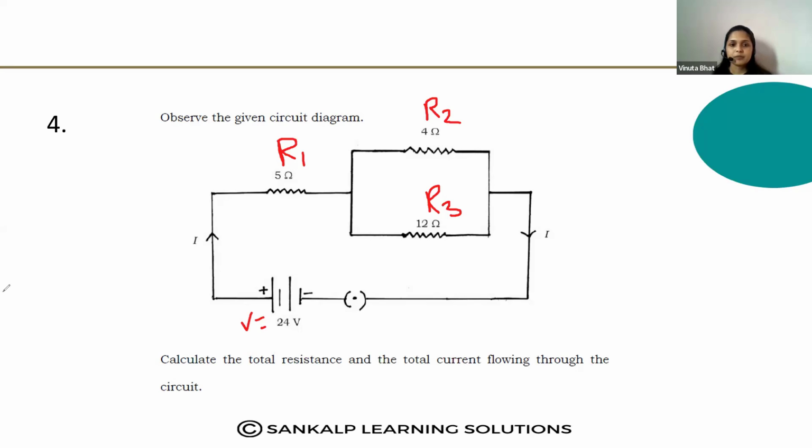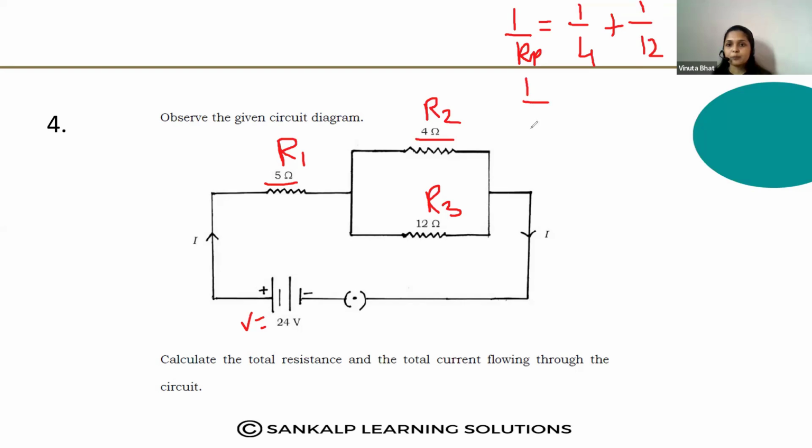Please write down R1 is equal to 5 ohm, R2 is equal to 4 ohm and R3 is equal to 12 ohm. So let us find out. If it is connected in parallel, what is the formula? 1 by Rp is equal to 1 by R2 plus 1 by R3, that is 1 by 4 plus 1 by 12.